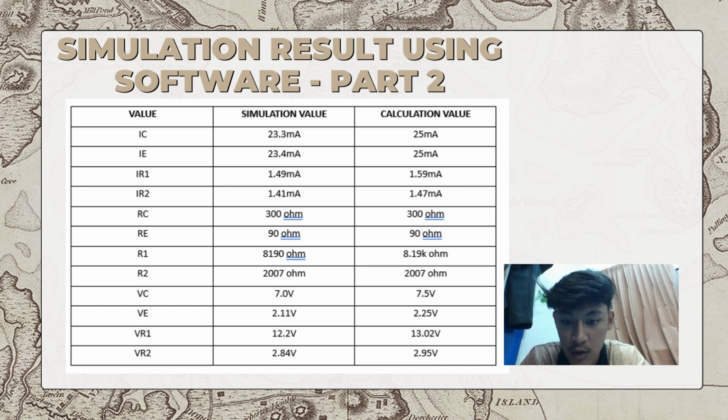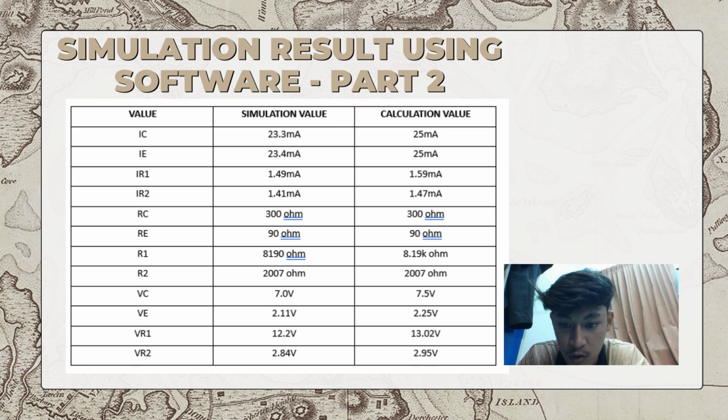Simulation value for R1 is 8119 ohm, and calculation value for R1 is 19k ohm. And simulation value for R2 is 2007 ohm, and calculation value for R2 is 2007 ohm.